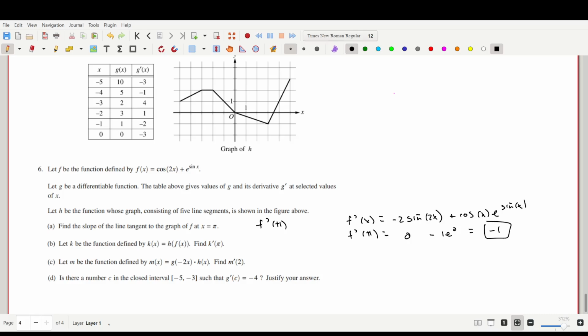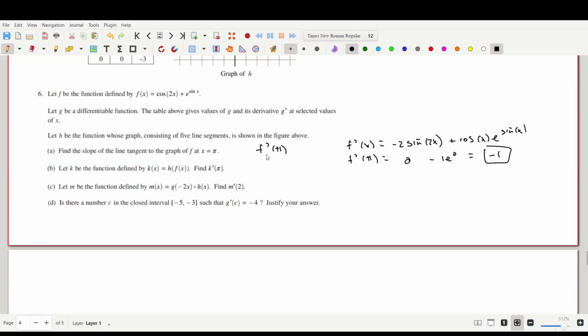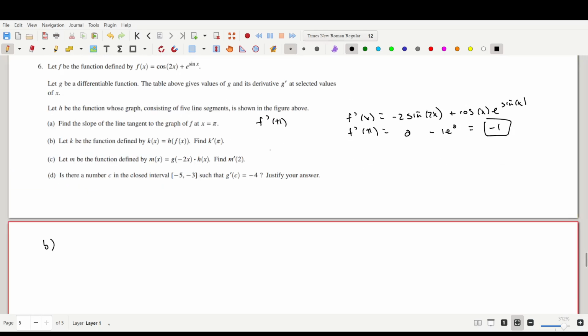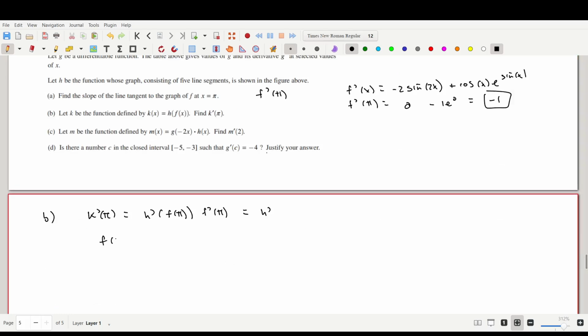B, let k be the function defined by k of x is h of f of x. I'll see that down here. Find k prime of pi. Well, k prime of pi is going to be, by chain rule, h prime of f of pi times f prime of pi. And, okay, that's h prime. And what is f of pi? I guess I'll do that down here.